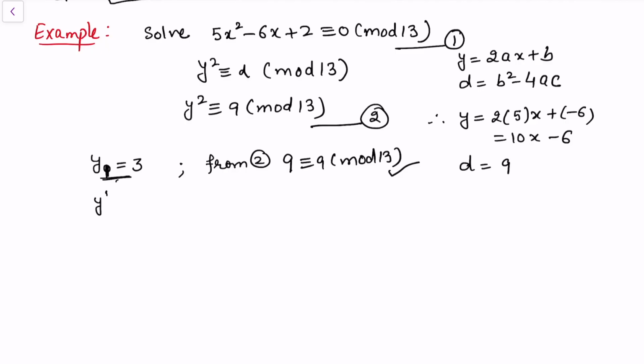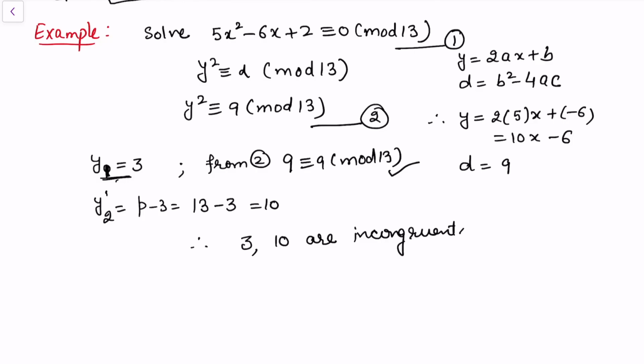Let me consider the solutions as y1 and y2. So y2 is p minus 3. What is p here? That is 13 minus 3, that is 10. So 3 and 10 are incongruent solutions of 2.